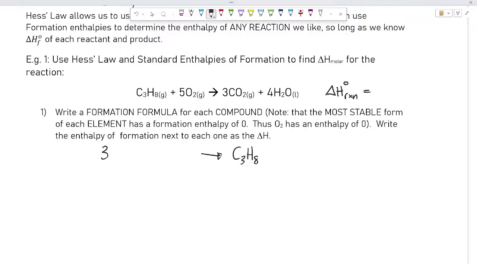We would react 3 carbons, which at standard temperature and pressure is a solid, with hydrogen gas, which is a gas at standard temperature. And how many of them would I need? 4.